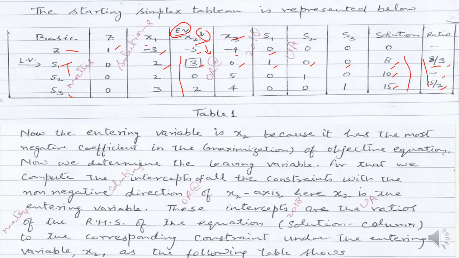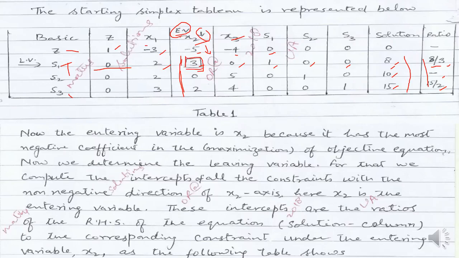So x2 will enter and S1 will leave. Now this is the pivot column, and the S1 row becomes the pivot row. The intersecting element of the pivot column and pivot row is the pivot element. This is 3. 3 is the pivot element.